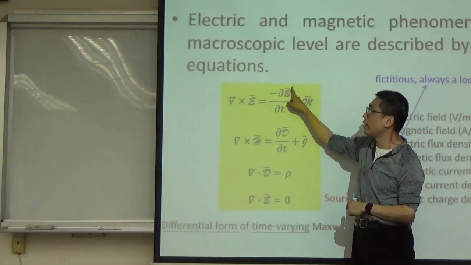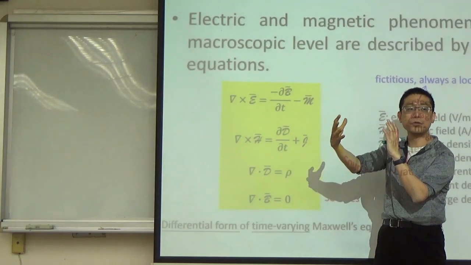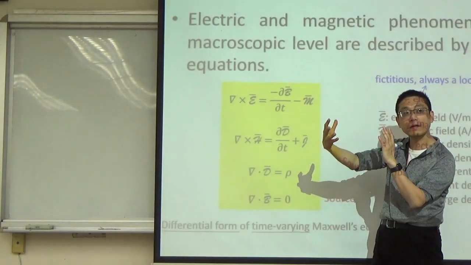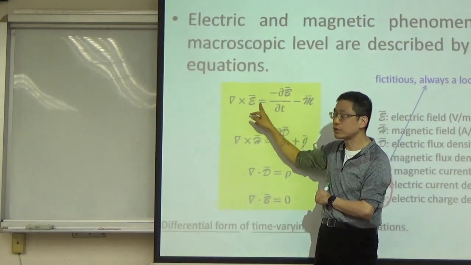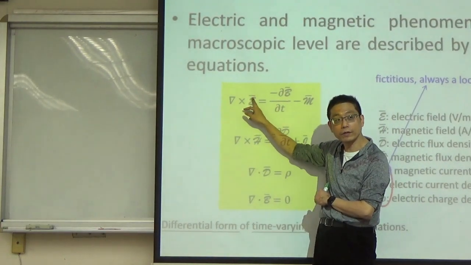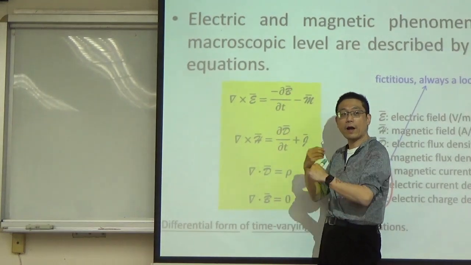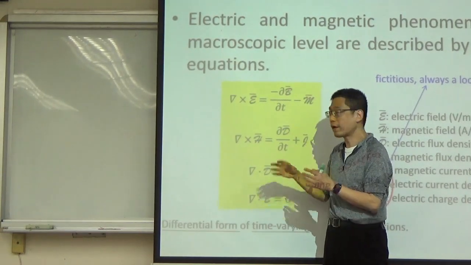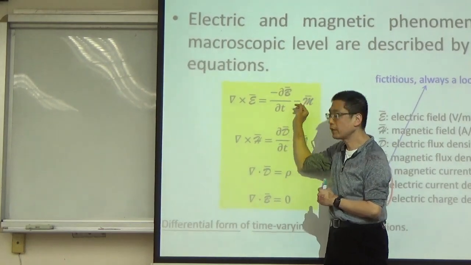And we change the H field, we change the B here. Then this one will induce the electric field. They come together. Okay, this is the thing we try to explain here.